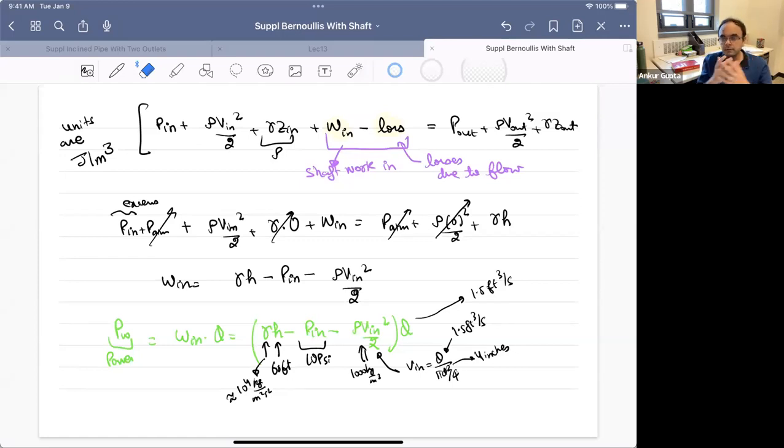So you have different balances going on in the system. Initial pressure will also help you reduce the power requirement. And the higher height you want to go, gamma h is a positive number, the higher height you want to go, you need more power. So the formula makes a lot of sense. And you just have to plug in the numbers to find the answer.